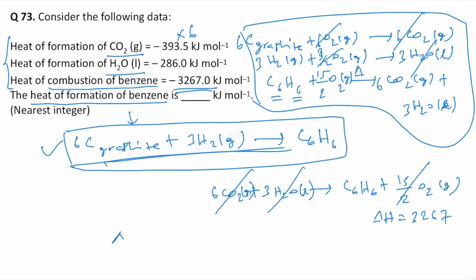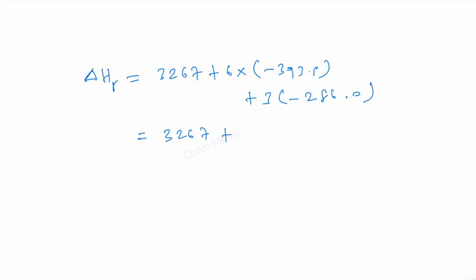So this means heat of formation for benzene is equal to 3267 plus 6 times minus 393.5 plus 3 times minus 286. If it is 400, it would be 2400. So 6.5 times 6, that will be 39. So that means this will be minus 2361.